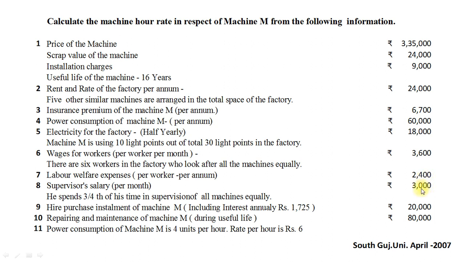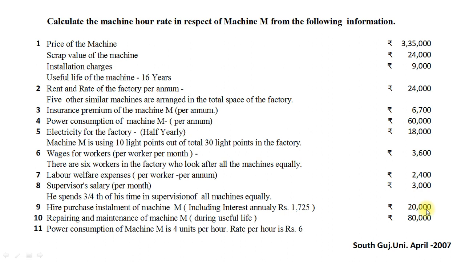Then you are given supervisor salary per month. First you convert per month salary into annual salary by multiplying with 12, and then use the other information. He spends 3/4 of his time in supervision of all machines equally. The same information was there in our previous example.